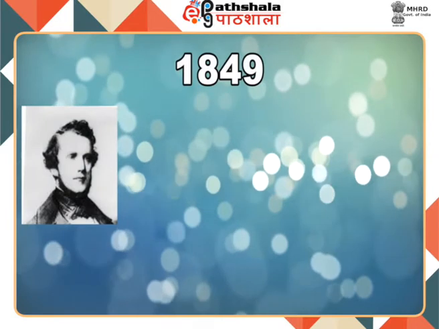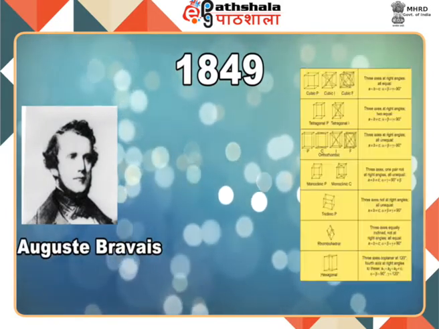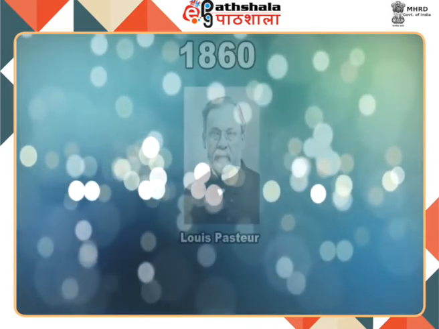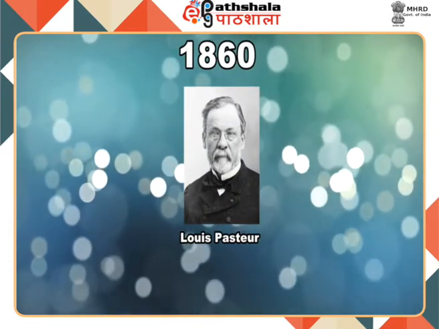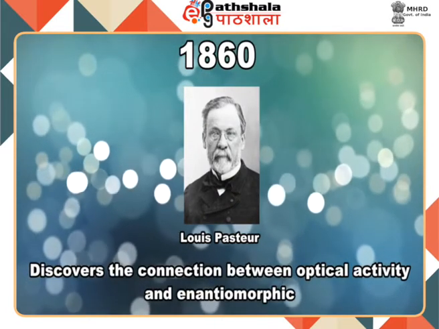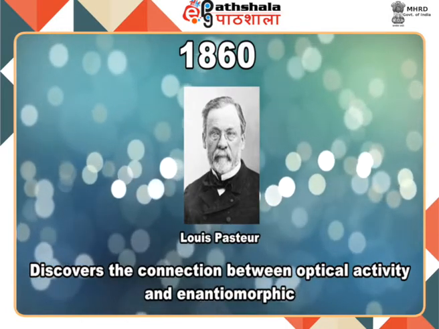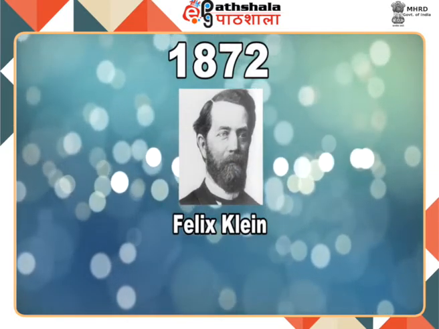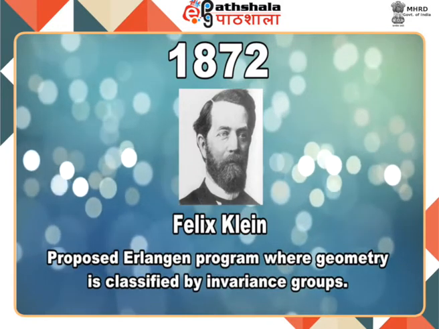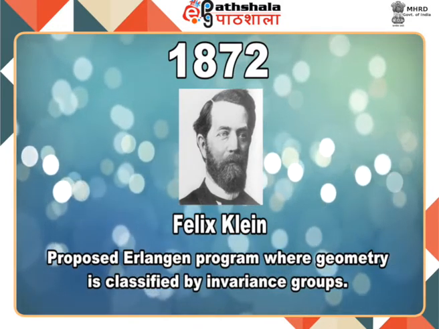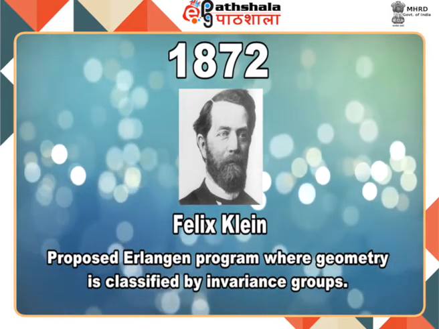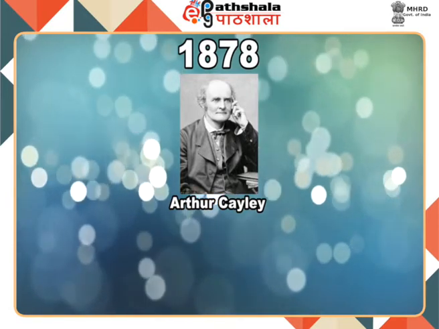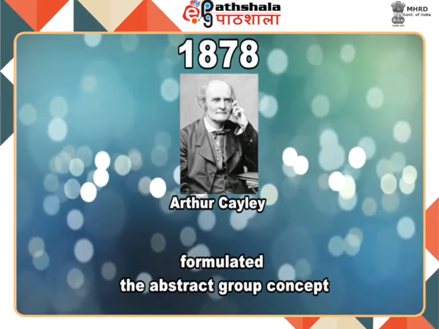In 1849, Auguste Bravais derived the 14 space lattices in 3 dimensions. In 1860, Louis Pasteur discovered the connection between optical activity and enantiomorphism. In 1872, Felix Klein proposed the Erlangen program, where geometry is classified by invariance groups. In 1878, Arthur Cayley formulated the abstract group concept.